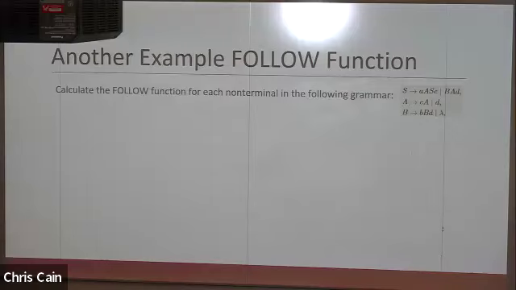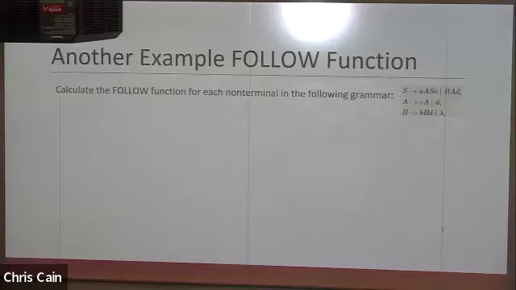All right, so follow is getting at when you have a following non-terminal, you're looking for every possible terminal that could be the next terminal in a derivation that comes after the expansion of that non-terminal. So follow of S says anywhere an S could appear in the right-hand side of a grammar, what is the set of terminals that could appear after that?